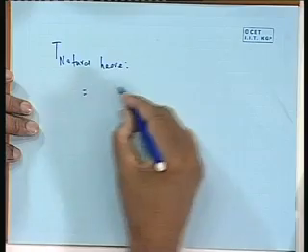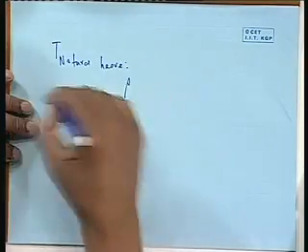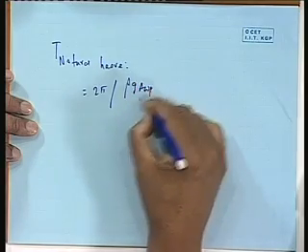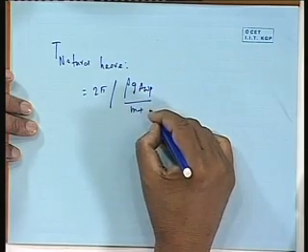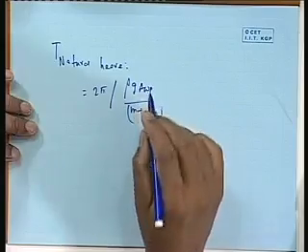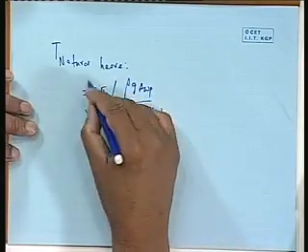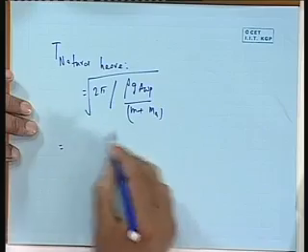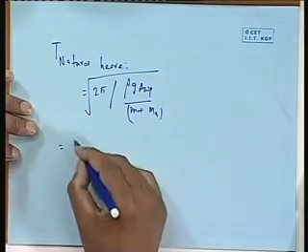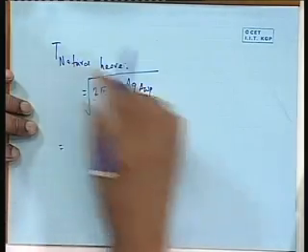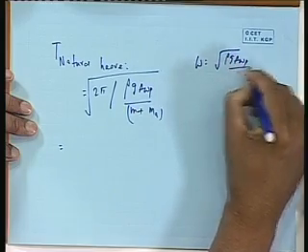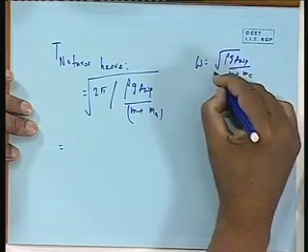Now, this is given by 2 pi divided by omega, where omega is the root of rho g AWP divided by the mass plus added mass, m plus ma.